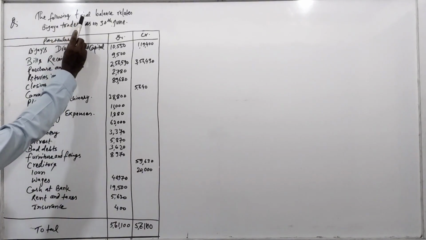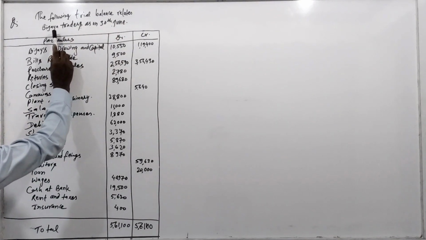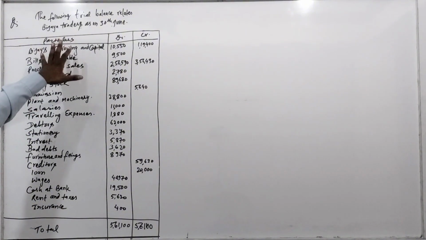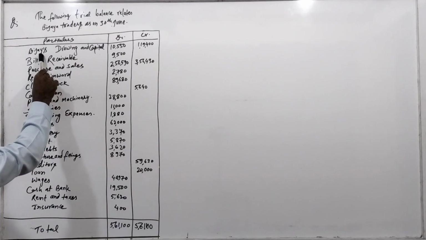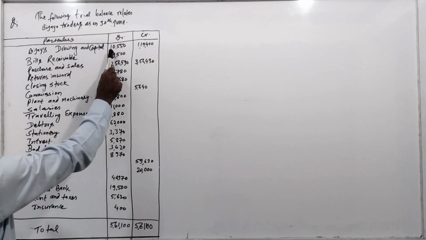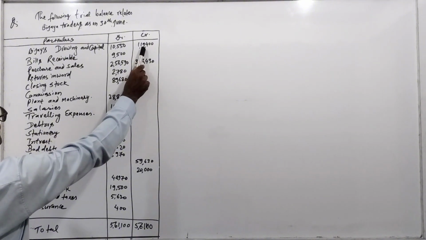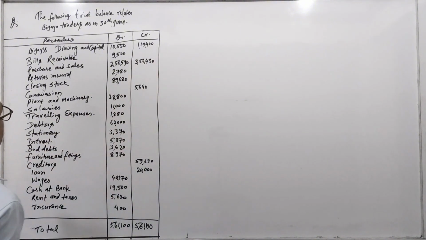The following trial balance relates to BJ Traders as on 30 June, and a trial balance is given. Drawing and capital 10,550 and here 1,19,400.